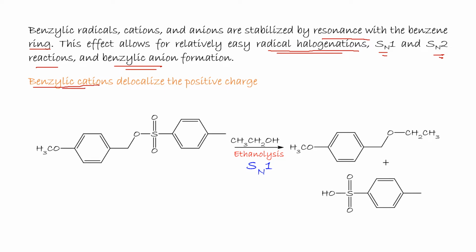See, if we start with the tosylate analog, and this is the benzyl carbon having the tosyl group on, reacted with ethanol in solvolysis, it will go by SN1 mechanism to form the ether.